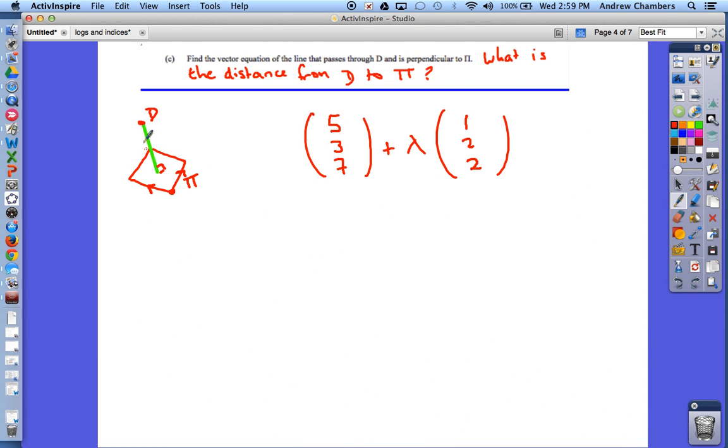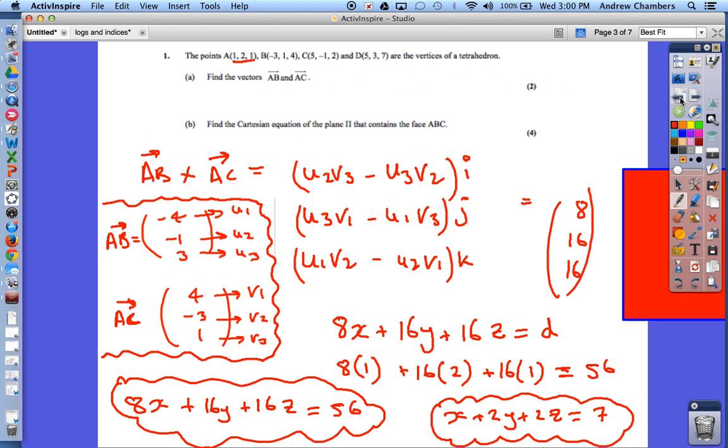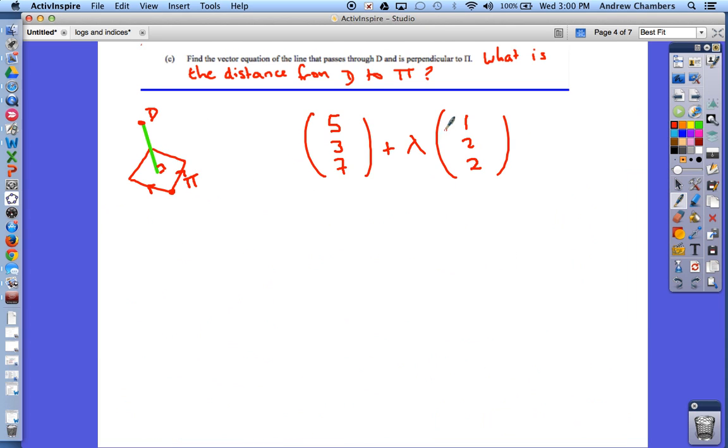So we've got the vector equation of the line from D that's perpendicular to the plane. The perpendicular to the plane is the normal to the plane, and the cross product gives us the normal to the plane. That's why we have the 1, 2, 2 there. So this is the vector equation of the line that passes through D and is perpendicular to the plane.